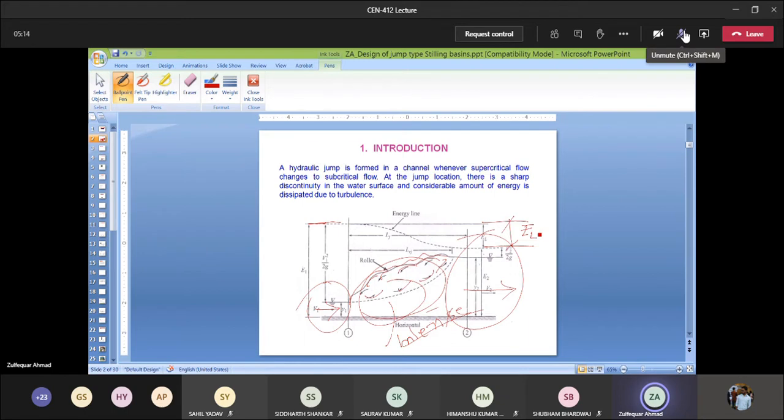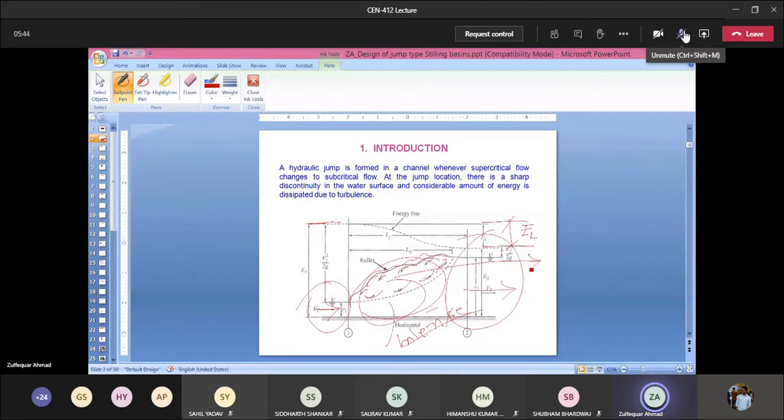You will not get a good energy dissipation if you have the incoming Froude number low, right? And if the incoming Froude number is very high, in that case this roller that moves in the downstream, there is a lot of the surface disturbances, right, due to the residual energy. Okay, the more stable jump is to be considered if you have the Froude number about 4, 5, 6 like that. Okay, right?